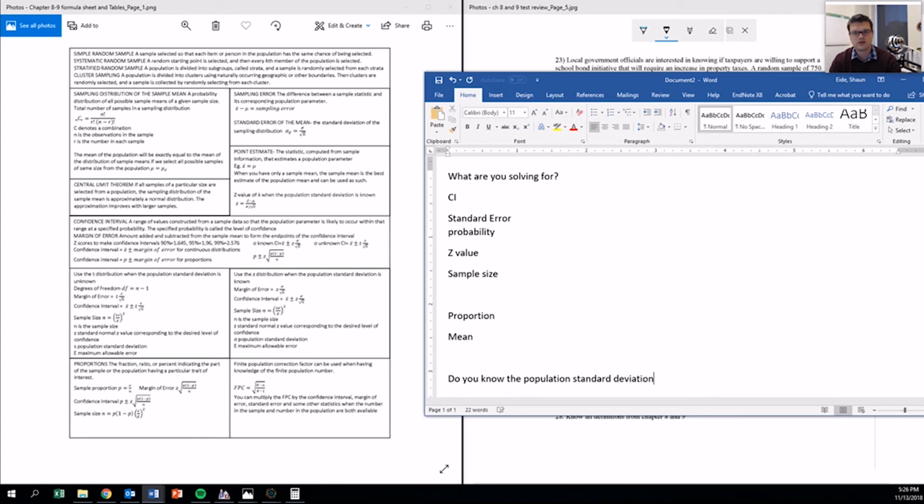If no, use the t. Okay, so this is what you need to look for. Are you solving for the proportion or the mean, which is continuous? Discrete or binomial, use the proportion, so on and so forth.